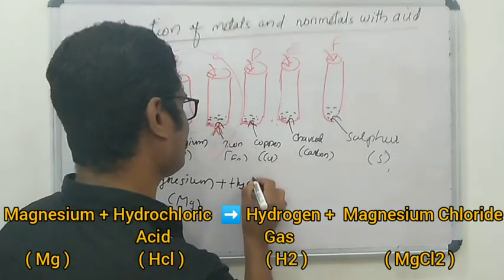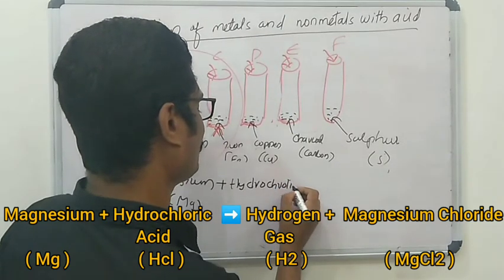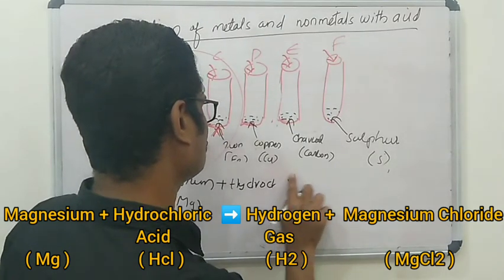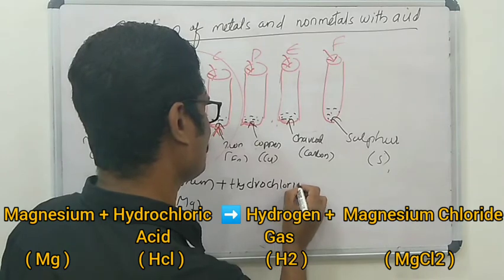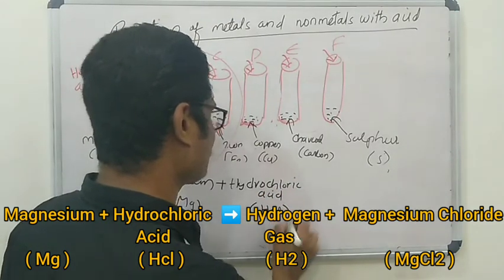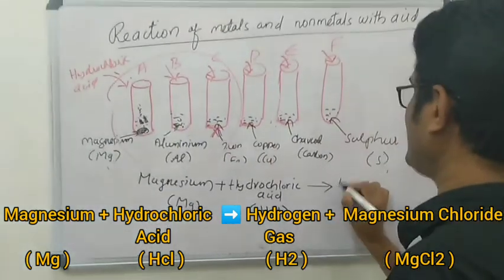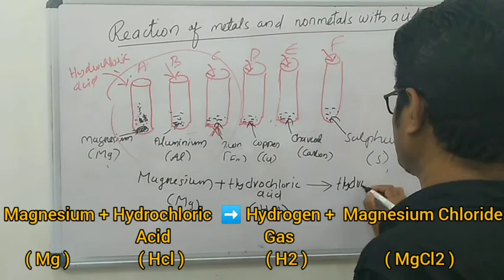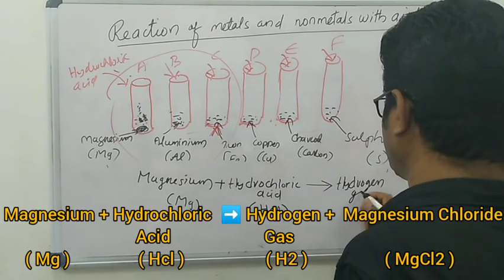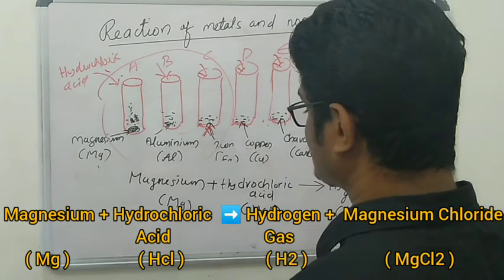Magnesium reacts with hydrochloric acid, its symbol is HCl, forms hydrogen gas, H2, plus a salt.